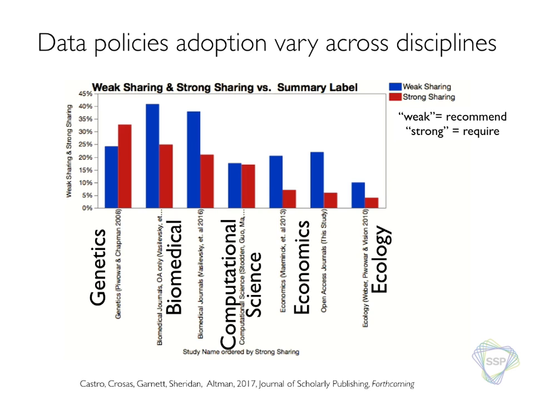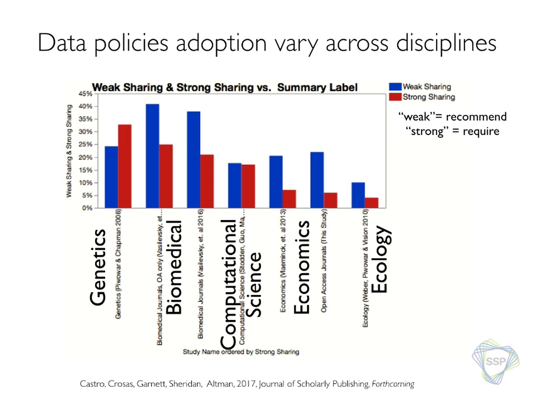How that has been translating into the adoption of data policies across different disciplines is shown in this review that we've done, that is going to be in a publication soon, of the data policies by journals in different fields.